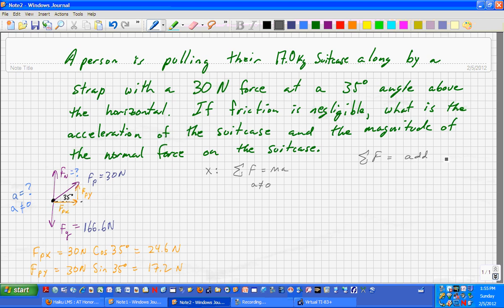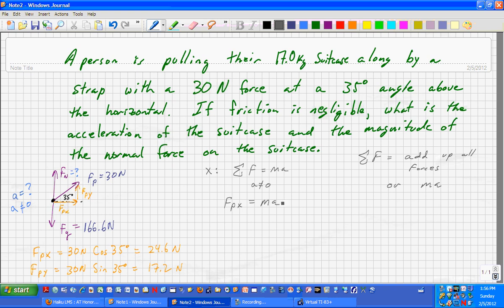We can add up all the forces, or mass times acceleration. Two different ways, and we can set these two equal to each other. So in the x direction we've only got one force, and that is Fpx. So Fpx is going to be equal to ma.